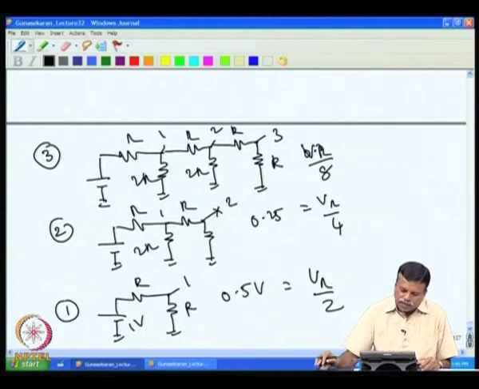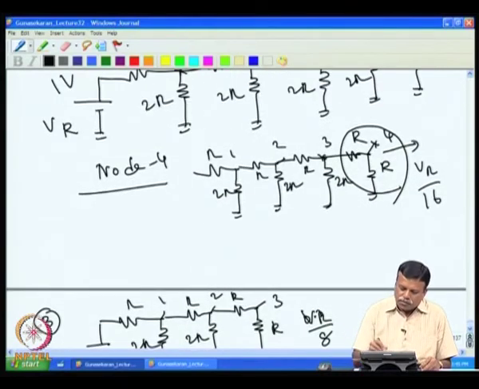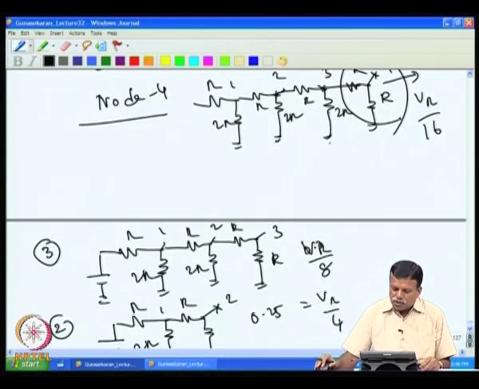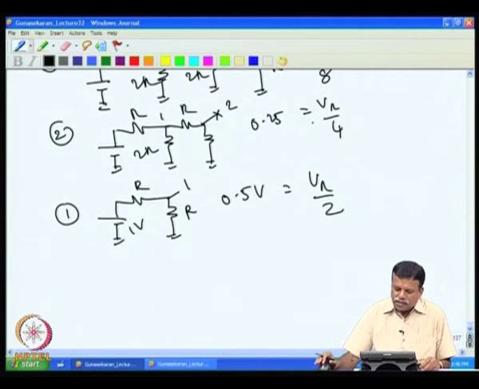If I look at this point, then effective resistance from this point would be R. Then if I look at this point, then you will have R here. So at node 2 you will have effective resistance R, then node 3 also effective resistance R. So that is why we landed up having the binary divided voltage.